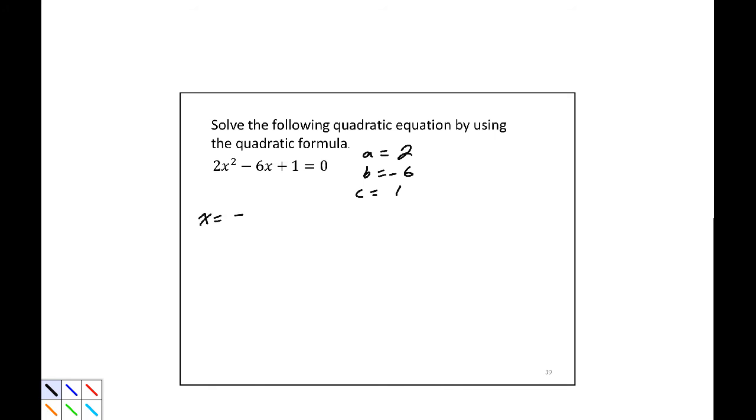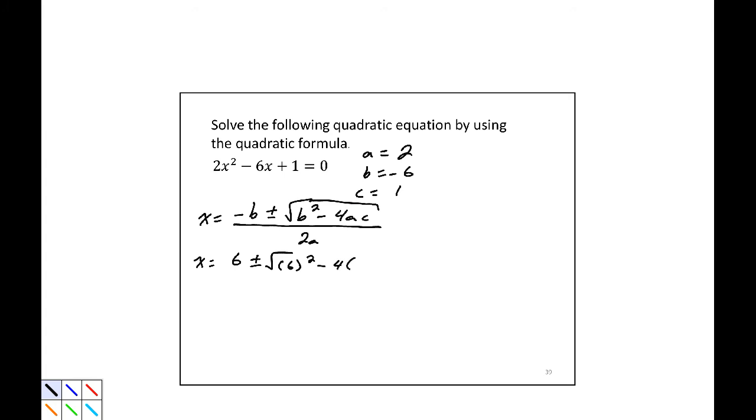I'm going to keep writing my formula for a little while. So x equals the opposite of b, so that's going to be positive 6 plus or minus the square root of 6 squared minus 4 times a times c, over 2 times a.